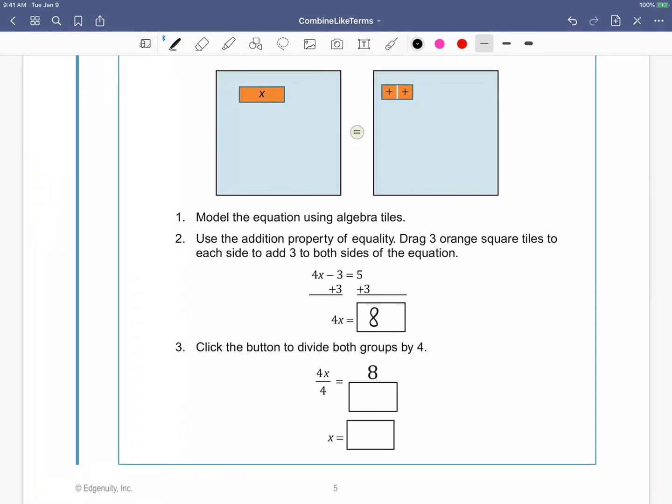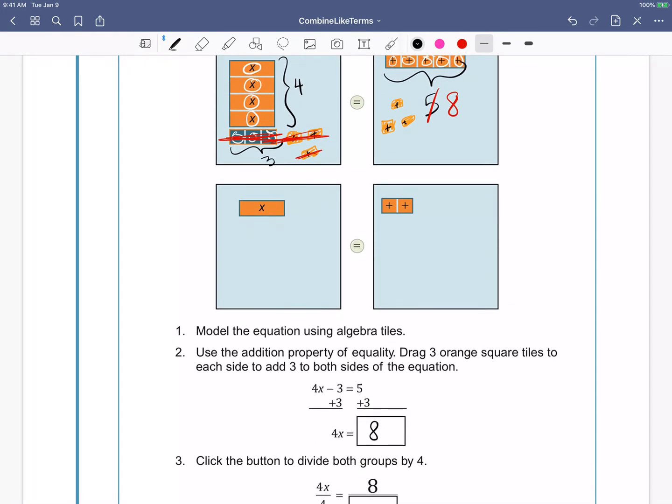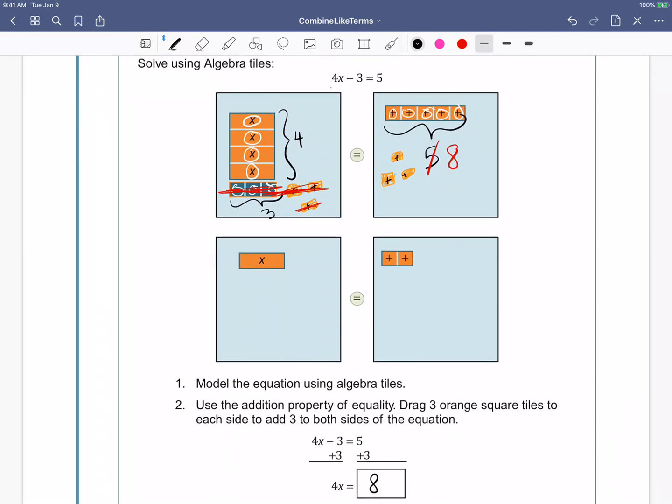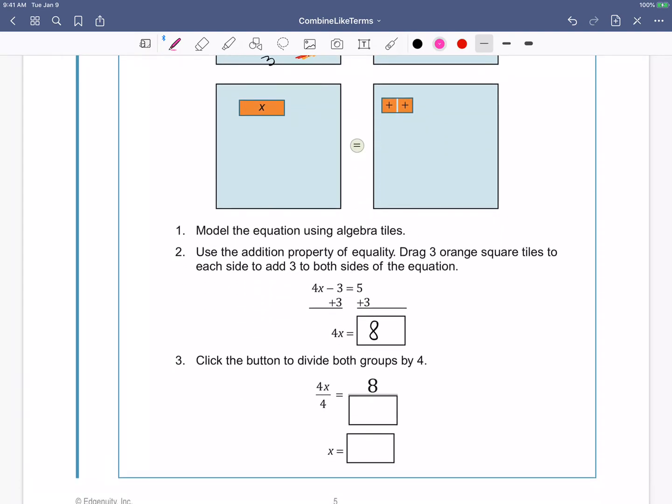Now I'm going to divide both groups by 4. So that means that of my 8, right, I'm going to, let's take the pink. It's going to be one group of 4. Here's my other group of 4. That leaves me with 2 groups, right? So if I were to plug it in here, 8 divided by 4, that's 2.